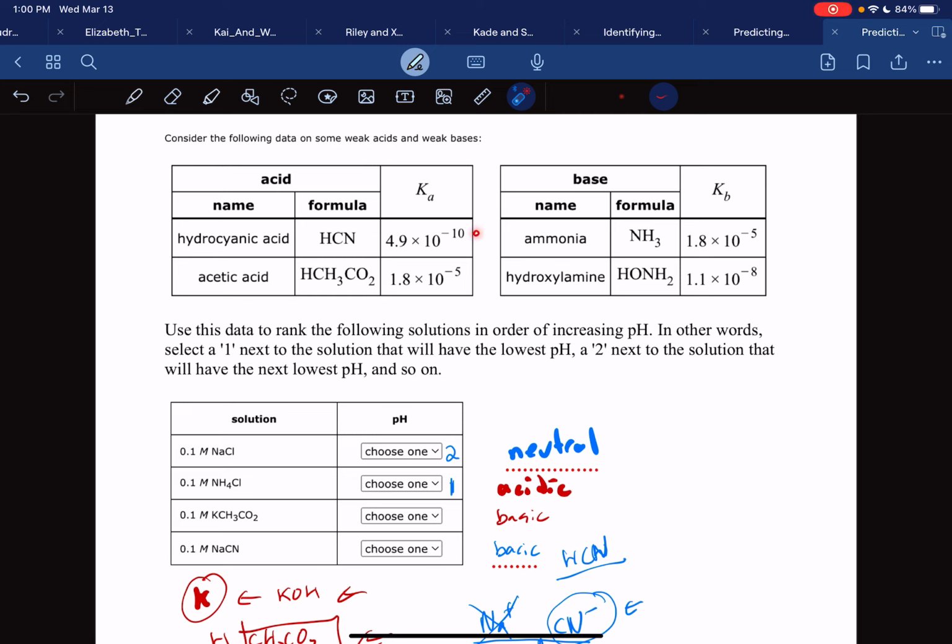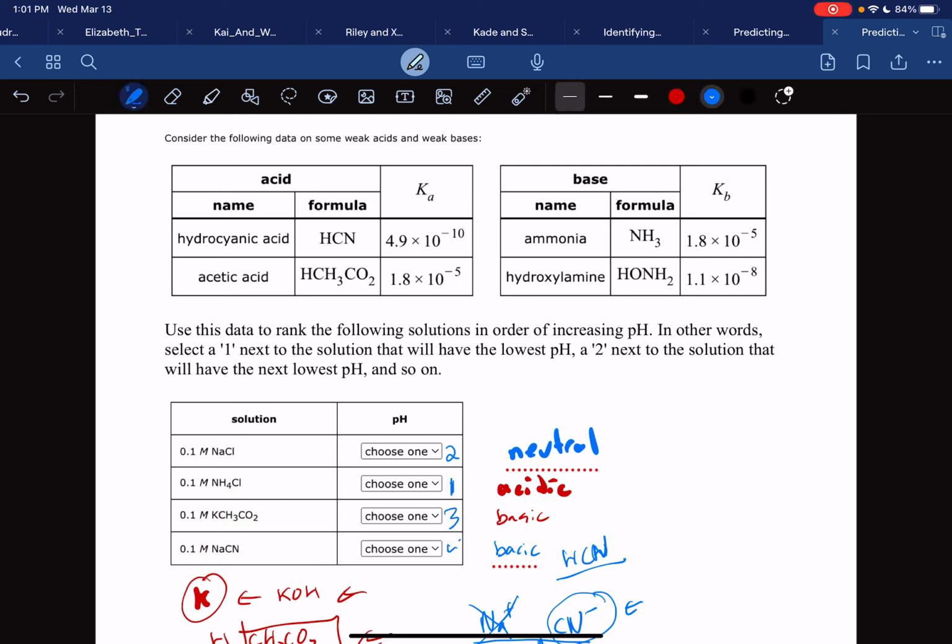And if we take a look at both of these, whichever one has a greater Ka will be stronger. So if we take a look at these two, acetic acid is the stronger acid, which means that its conjugate base will be weaker. So of these two right here, this one is going to be a weaker base than this one. And therefore, if we do the order, it's going to end up being like this.